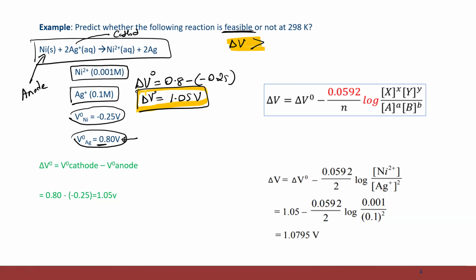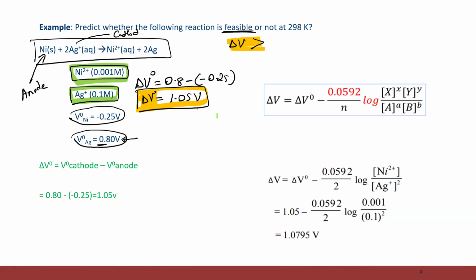Can we find out whether it is feasible or not, or do we have more steps to do? Feasible? Above 1, but that is under the standard conditions. Do we have the standard conditions? No, we don't have standard conditions. Our conditions are not 1 M. The concentrations are different.